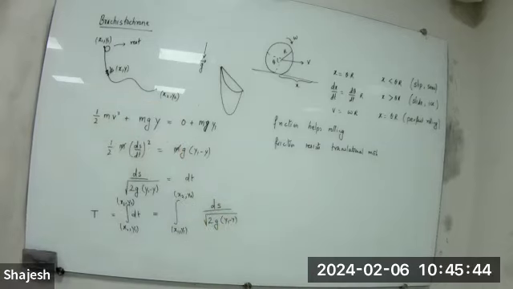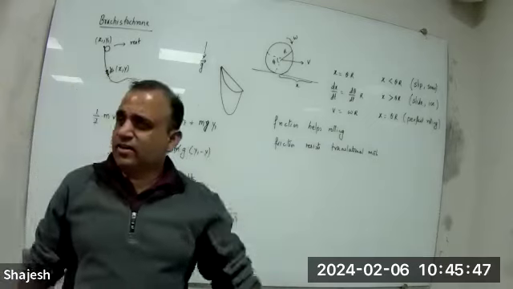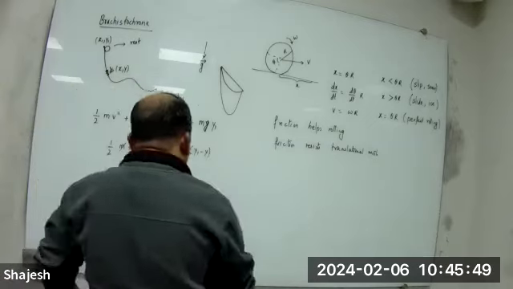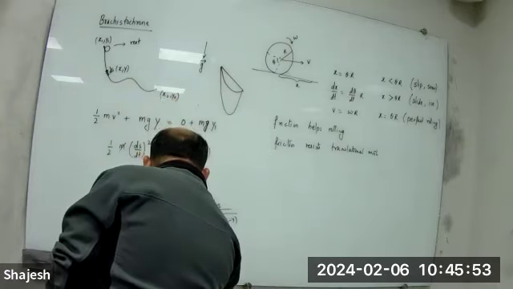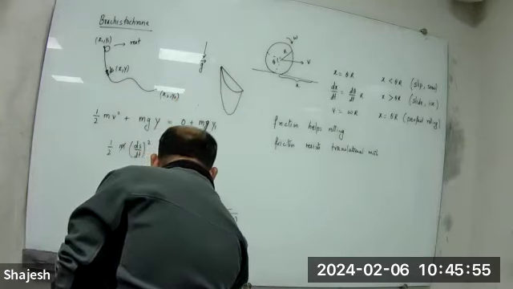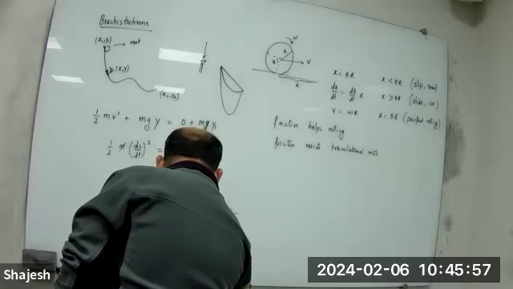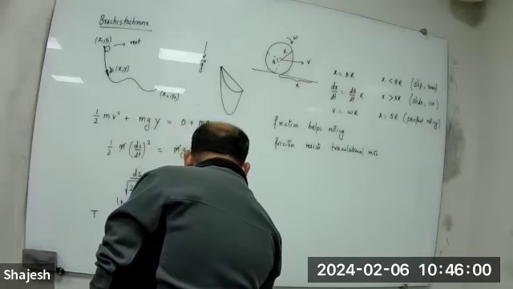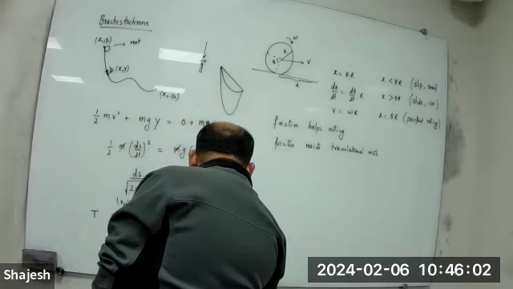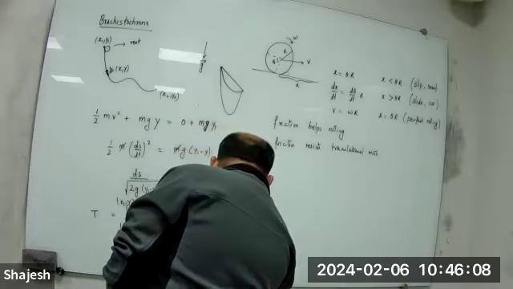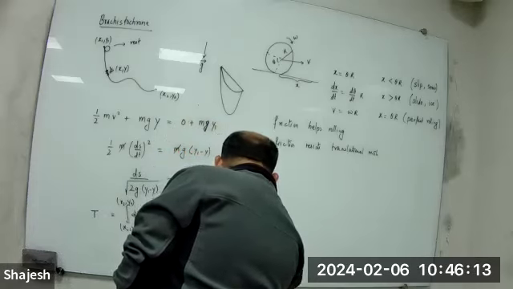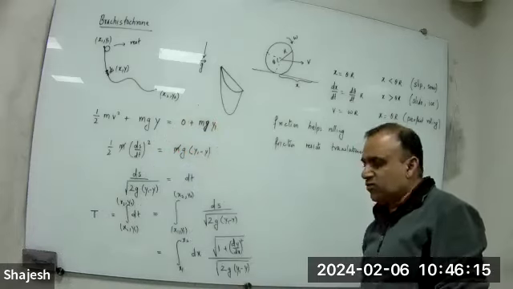Okay. ds, the same idea as earlier, can be written as the integral from x1 to x2 of dx times the square root of 1 plus (dy by dx) squared, that's ds, over the square root of 2g(y1 minus y). And we want to minimize this.